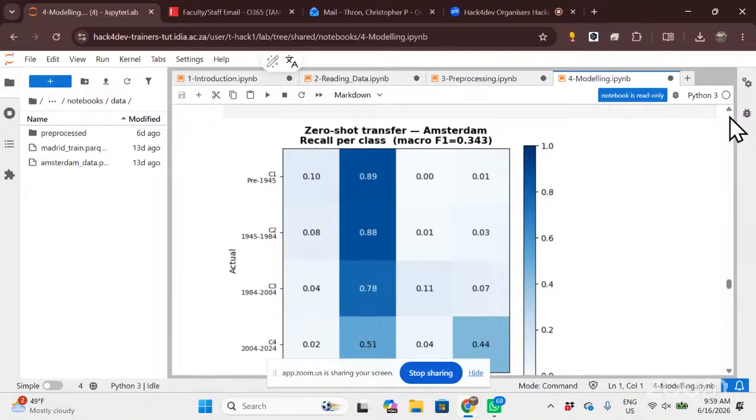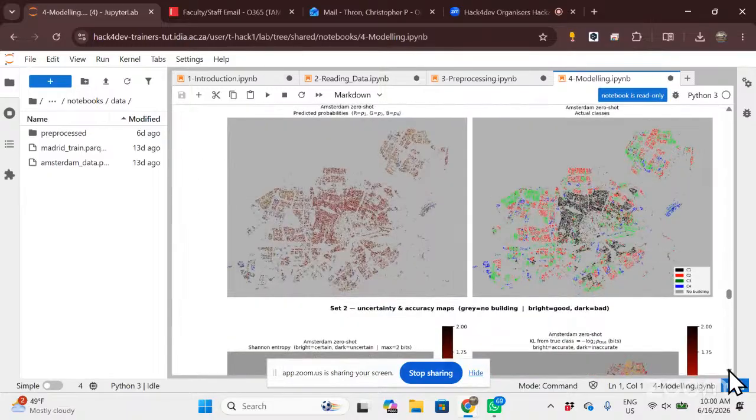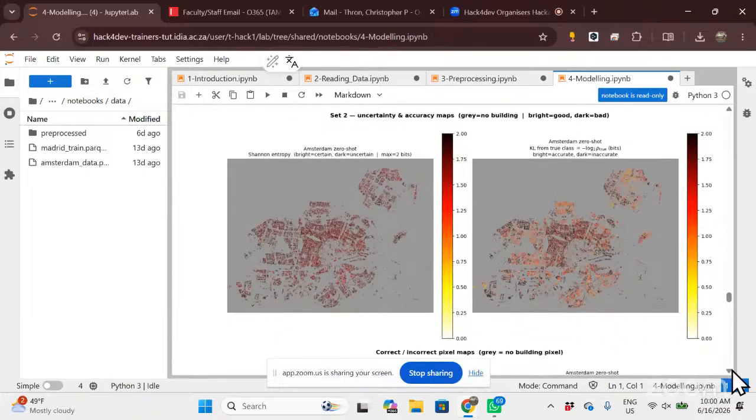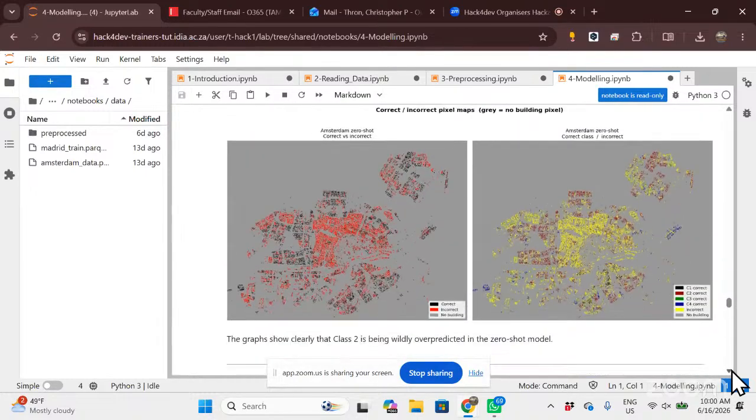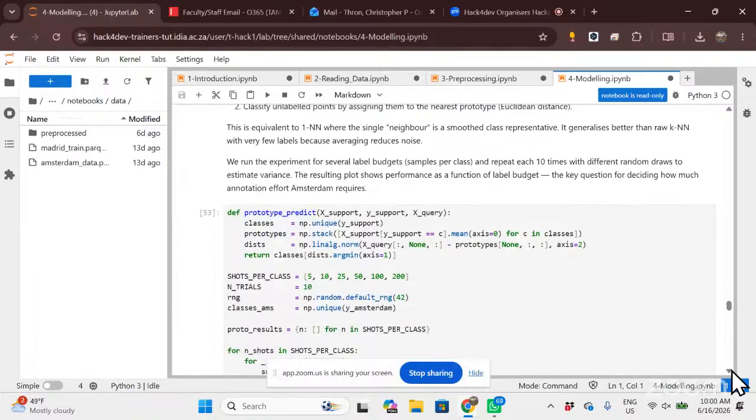Now we apply the retraining. We only use a few points from Amsterdam to retrain. Let's go down there and see the result. Yeah, you can see that this result is bad. So this is Amsterdam now. Okay, this is Amsterdam. All right, so now we're doing some retraining.